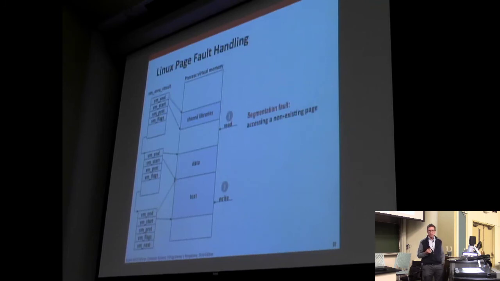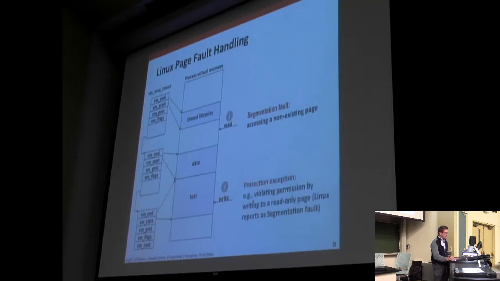But in this case, there was no page table entry, right? That's why it triggered a page fault. So the MMU doesn't know that this is an illegal write. But the kernel can check the protection for this area, and in the case of text, that'll be set to read-only. So that triggers a protection exception, which Linux reports as a seg fault.